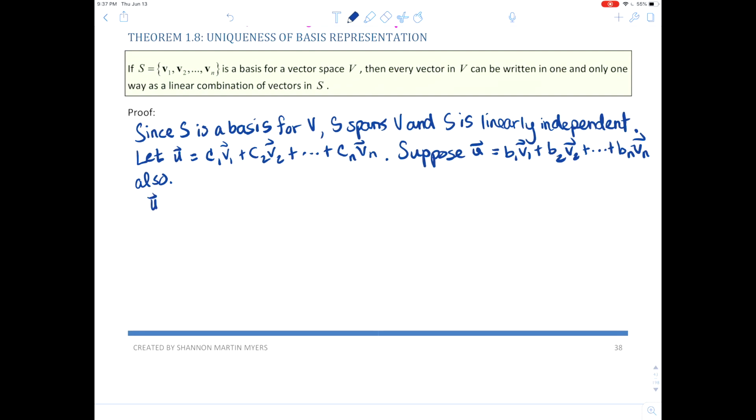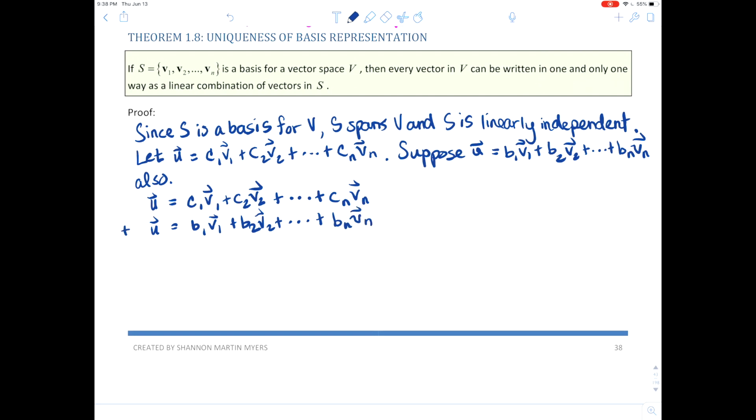So we can write U is equal to C1V1 plus C2V2 plus ... plus CNVN. And then also U was equal to B1V1 plus B2V2 plus ... plus BNVN.